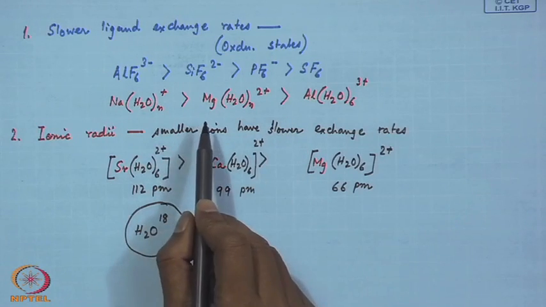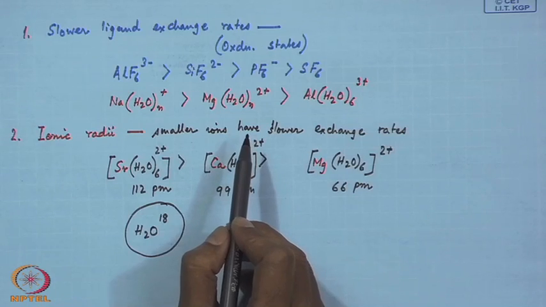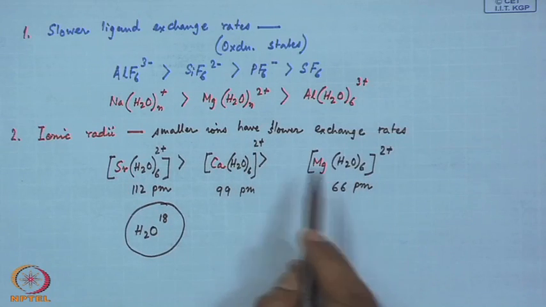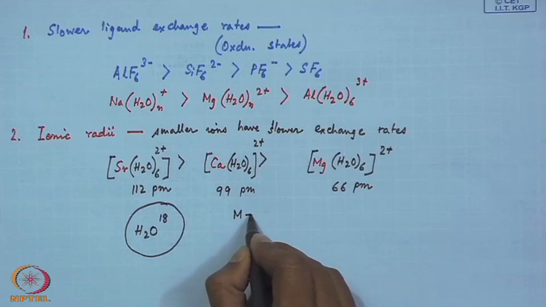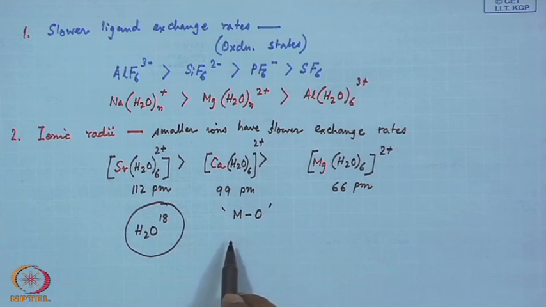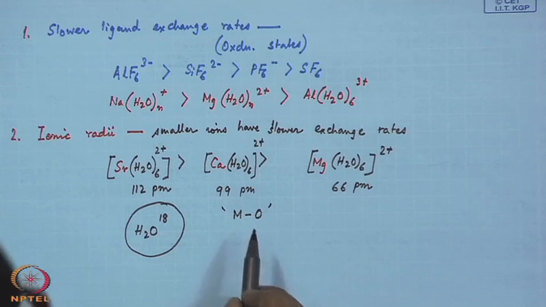So, it is typically dependent on the oxidation state, and depending upon these we can have a strong metal oxygen bond, and the nature of the metal oxygen bond can predict the strength of these bonds and the rate of the reaction.